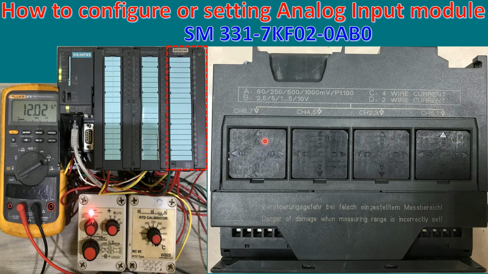For example, if we select A on this one, we can configure A also in TIA Portal and then use it with the PT100 or TC. Okay, so I hope everyone got this point, very important.